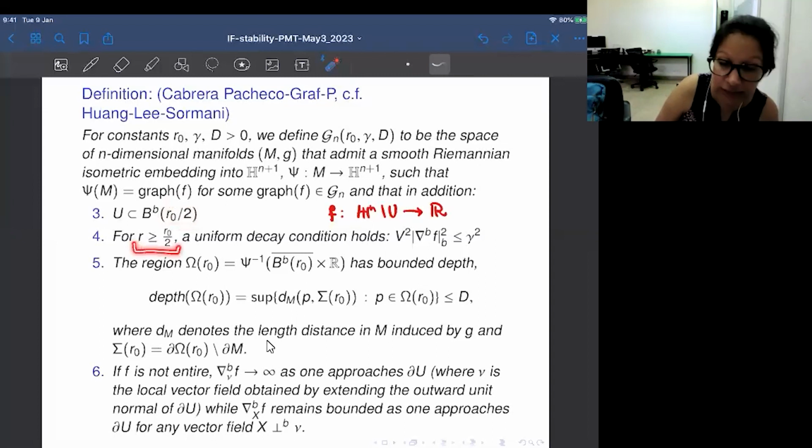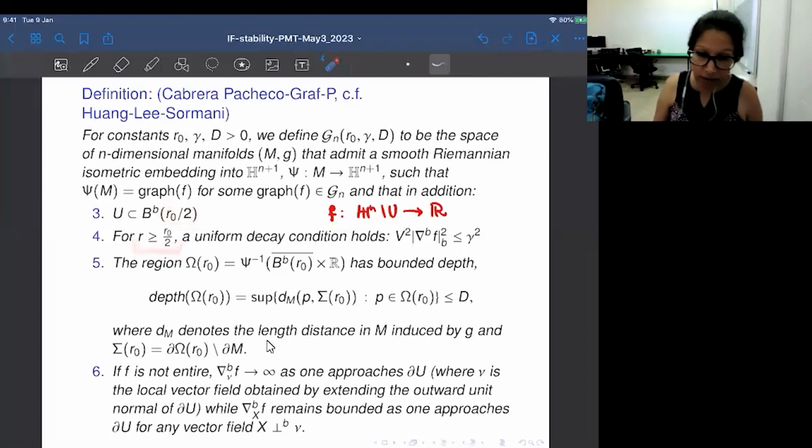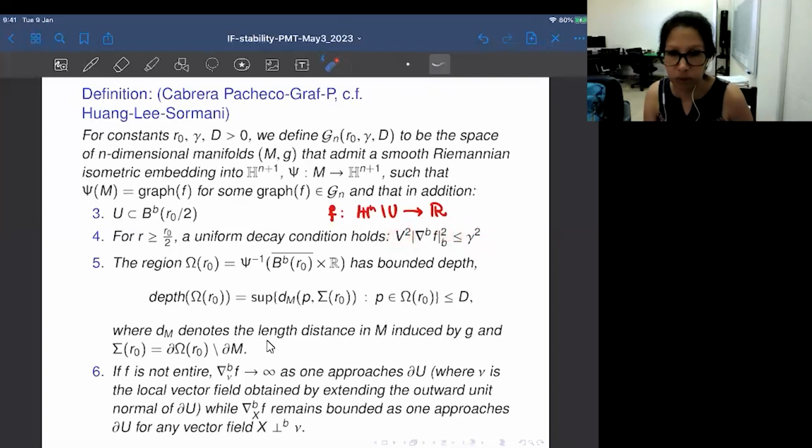Outside these radial directions, we want the norm of the gradient of our function f, squared, multiplied by v squared, to be less or equal than gamma squared.